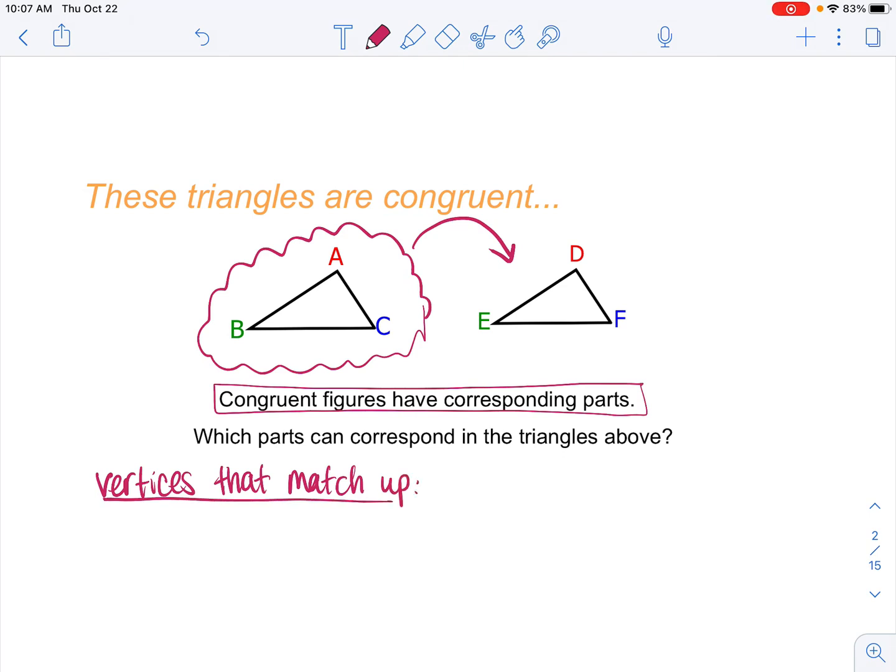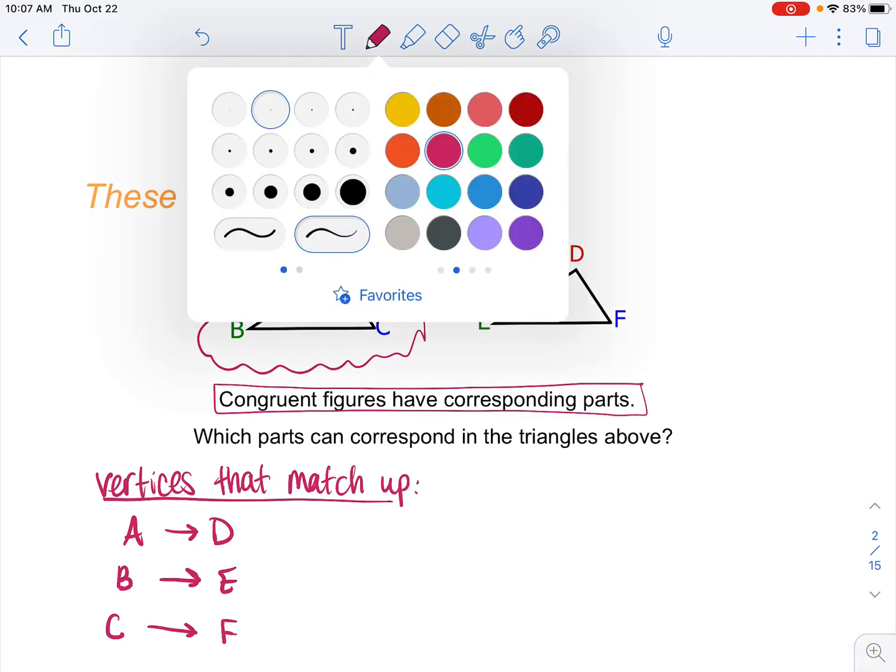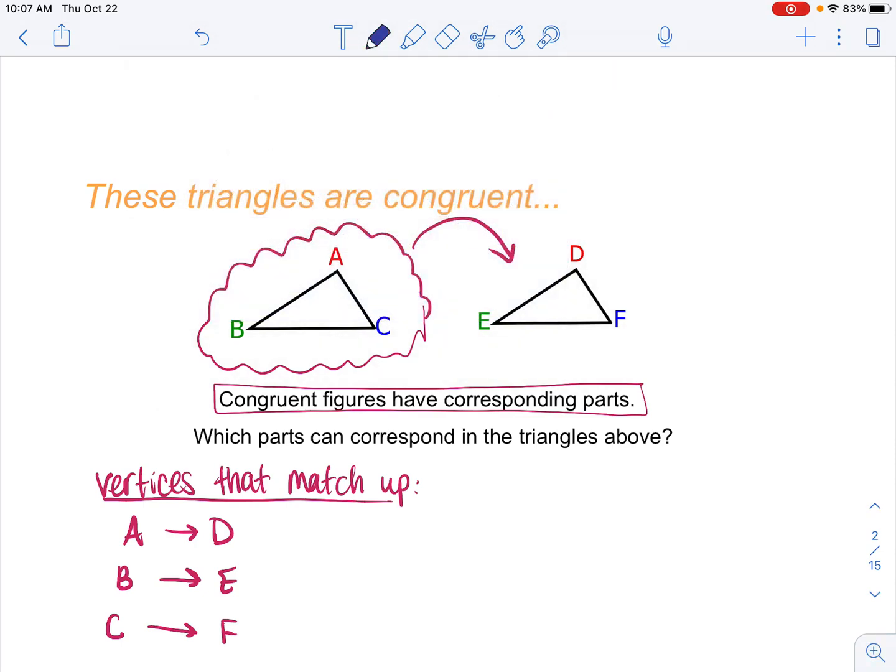The vertex points that match up: A matches onto D, B matches onto E, and C matches onto F. The parts that are congruent in these triangles, a triangle is made up of segments and angles. So not only do the vertex points match up, but the angles match up and the segments match up.